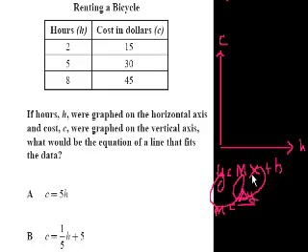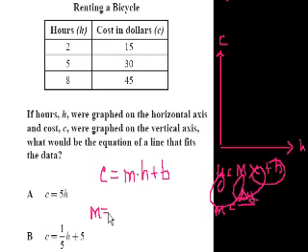Let me write it differently: c is equal to the slope times the hours plus b, right? Instead of x, we have hours, and instead of y, we have the cost. So what's the slope? Slope is equal to change in the dependent variable, change in cost, divided by change in the independent variable, change in hours.